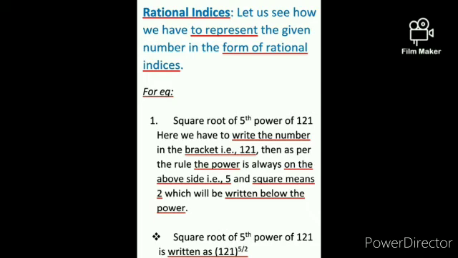Then as per the rule, the power is always on the above side. Now what is the power here? 5. And what is the root? Square. Square means 2, which will be written below the power. Therefore, square root of 5th power of 121 is written as 121 raised to 5 upon 2.